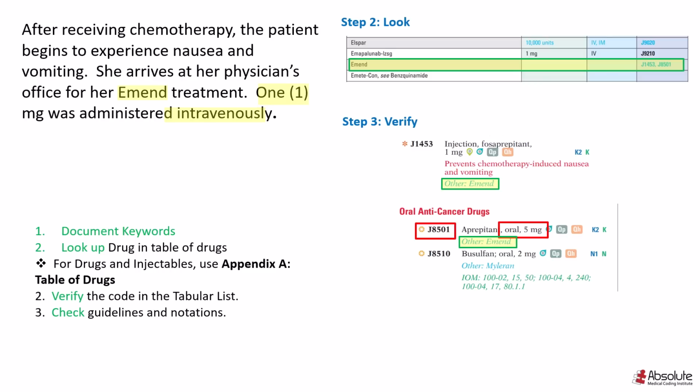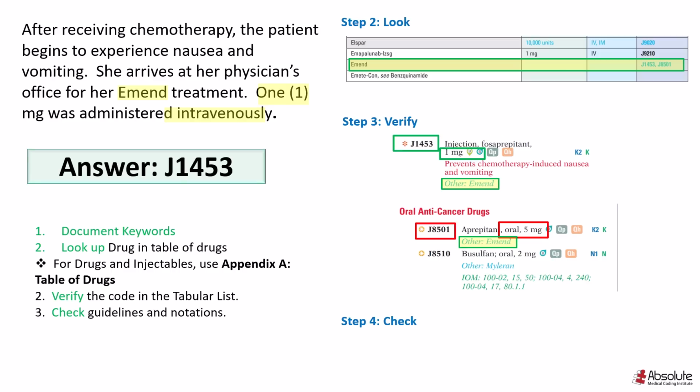So we've got 1 milligram of an injection. I like J1453. There are no notes to check or guidelines. So therefore, my answer is J1453. All right, coders, were you able to deduce what the answer was?